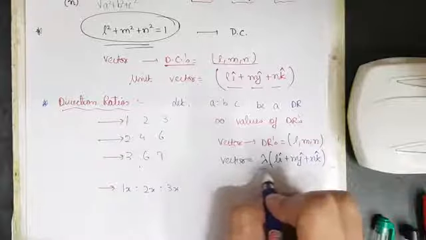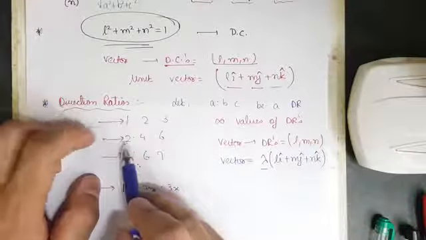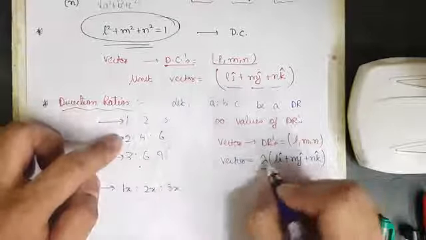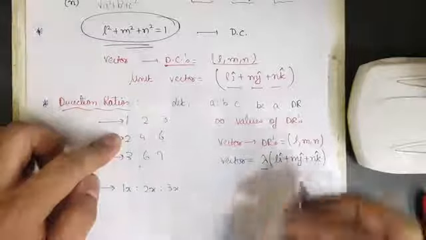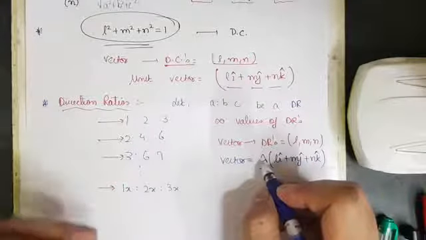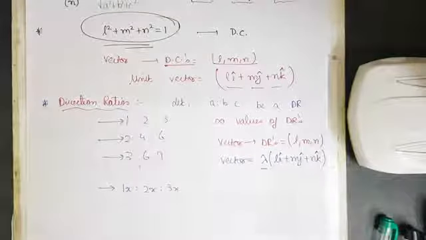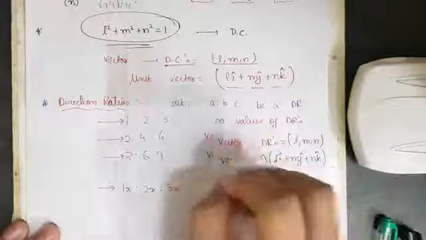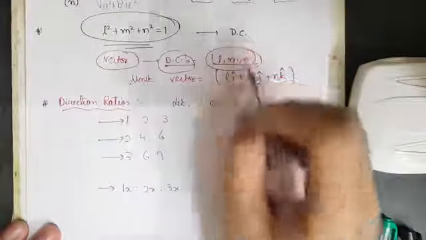Because lambda is the constant which defines whether we have 1 is to 2 is to 3 or 2 is to 4 is to 6. If lambda is equal to 1, we get 1 into L i cap plus M j cap plus N k cap. If lambda is equal to 2, then this part, 3, then this part. So you can see that we need lambda in order to define a particular constant for the direction ratios. What we have learned till now is that we have a vector for which DCs are given as L, M, N.